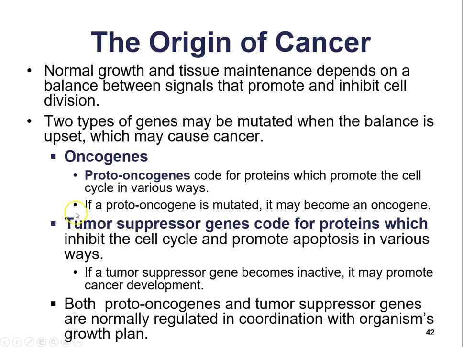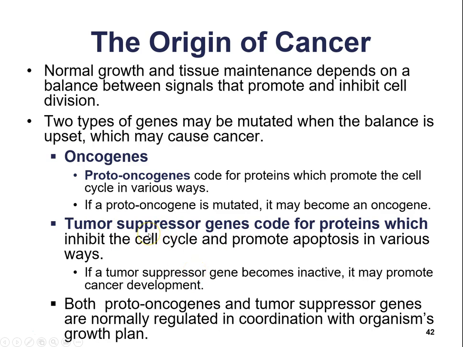On the flip side, if we think about tumor suppressor genes, these are normal genes in your body, in your cells, that code for proteins that inhibit the cell cycle or slow down the cell cycle or may induce apoptosis, because again, this is a normal process. This should be happening if necessary. If one of these genes becomes mutated and those tumor suppressor genes aren't functioning at all, it can lead to cancer.